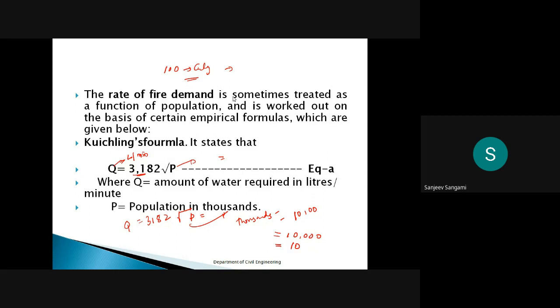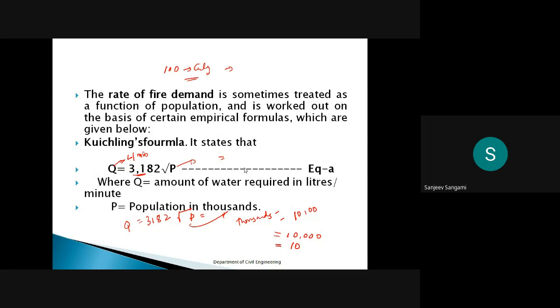How to calculate the fire demand using different formulas. There are around three formulas available to calculate the rate of fire demand. I already explained what the fire demand is.